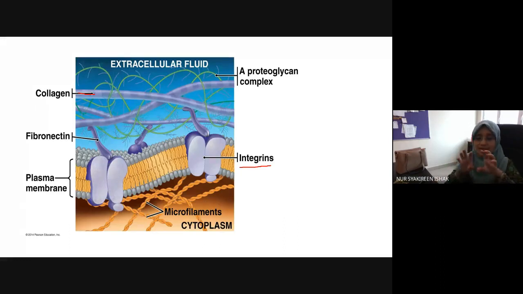This attachment will maintain or strengthen the plasma membrane. Because the plasma membrane has no cell wall, to maintain the structure of the plasma membrane, it will attach to the ECM outside, and it attaches to the microfilament inside the cell.